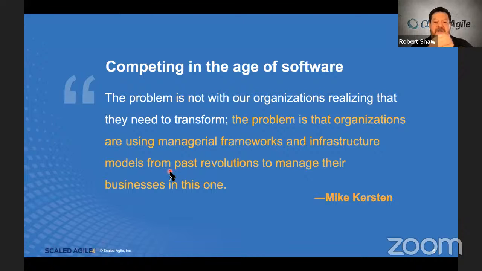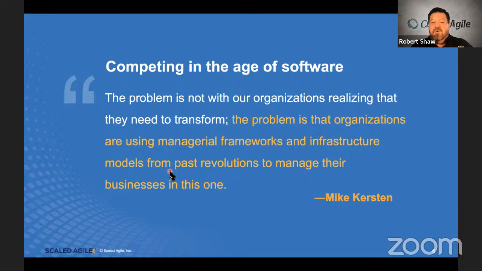Again, I love that quote there in orange. The problem is that organizations are using the management frameworks and infrastructure models, old ways of thinking, to try and navigate this new age. And I think we're also seeing this play out in smaller startup or entrepreneurial companies. They've grown up in a world where they're already embracing this.